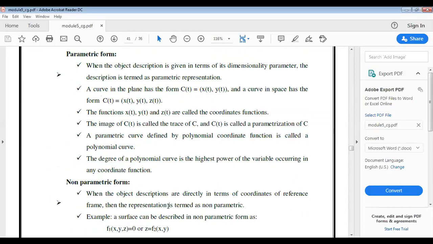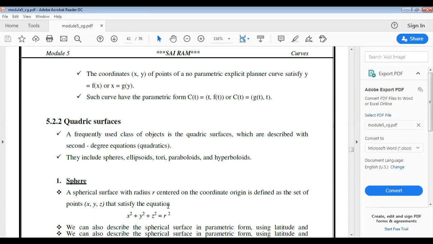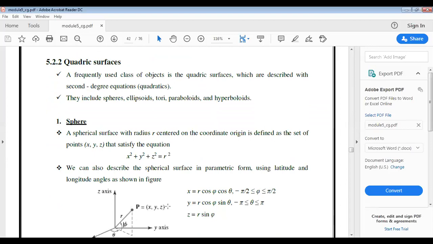Parametric form, non-parametric form, all these things we have discussed. Right now the topic is curved surfaces. A frequently used class of objects is quadric surfaces, which are described by second degree equations.